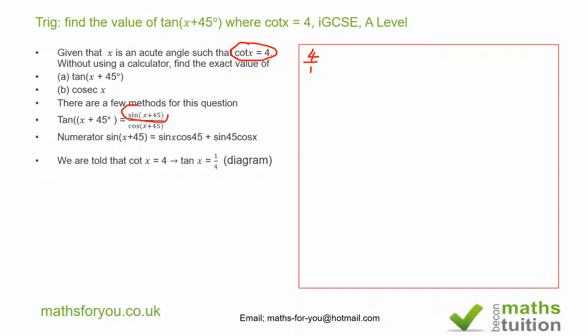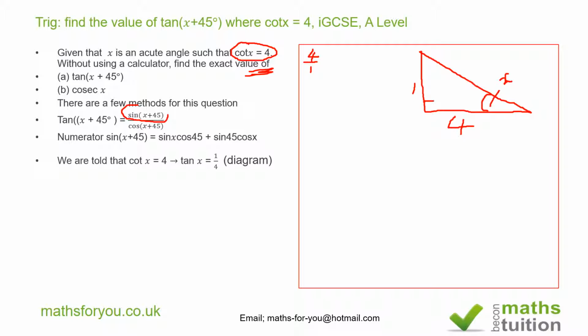Now, to do this, what I've done here is to draw the diagram of a right angle triangle. If we say that is angle x there, and we're told that cot x is 4/1, that means that this line is 4 units and that line is 1 unit.